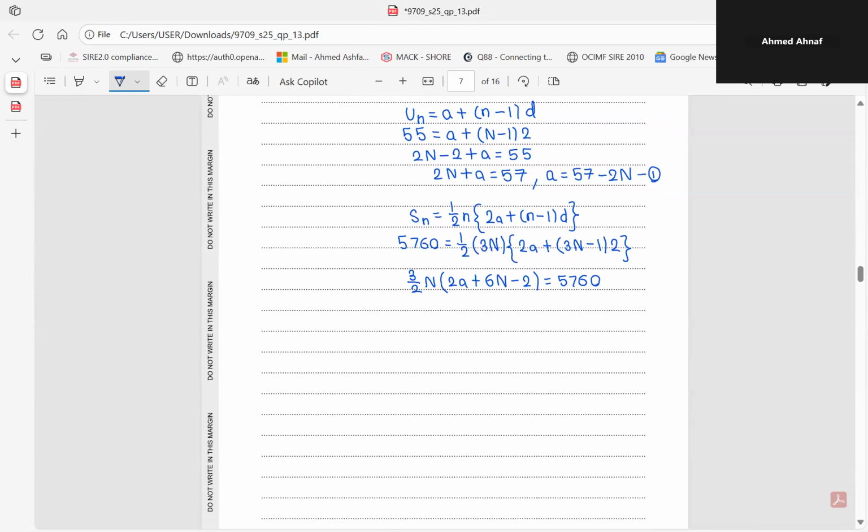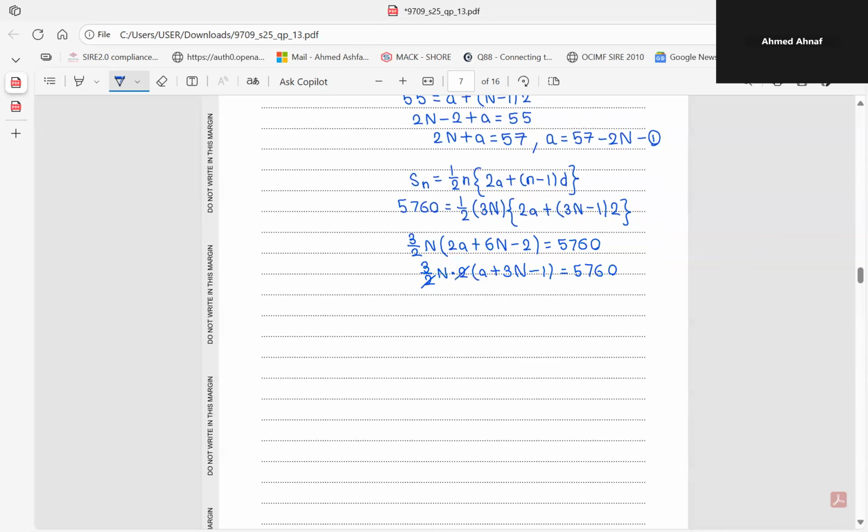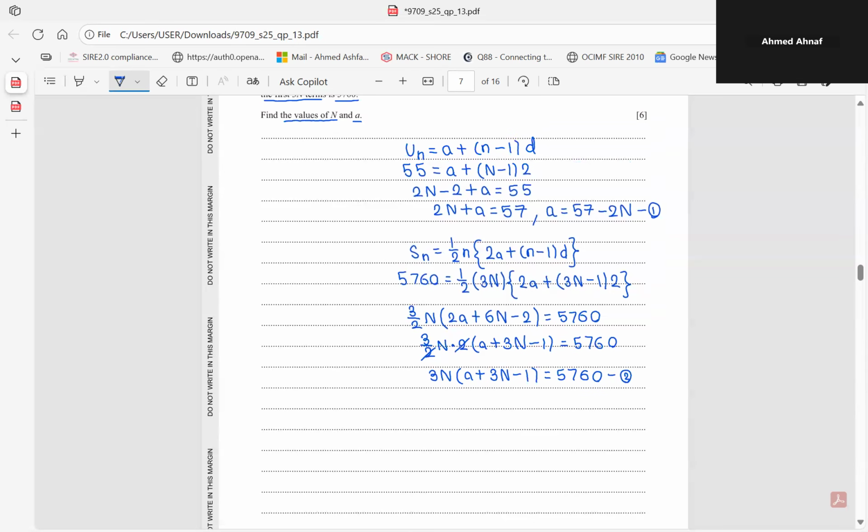Okay, let's simplify this further. Let's factor out 2 from this equation. So we'll have 3 over 2n times 2 times a plus 3n minus 1 equals 5760. So the 2's cancel out, so now we just have 3n times a plus 3n minus 1 equals 5760. So this is our second equation, and we now have two equations to solve simultaneously.